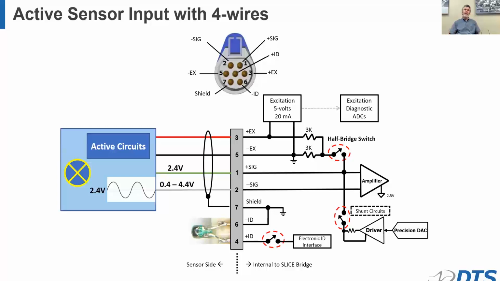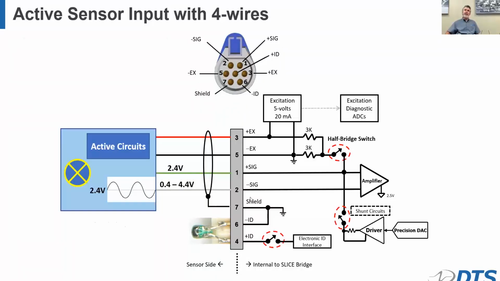So let's talk about what that means. There's a class of sensors called active sensors with 4 wires. So this is a perfect example. The blue box on the left indicates that we have a sensing element depicted by the yellow X. We have some active circuits inside the box that are run and excited by the excitation source. And then the output of that device is typically centered at or near 2.5 volts.